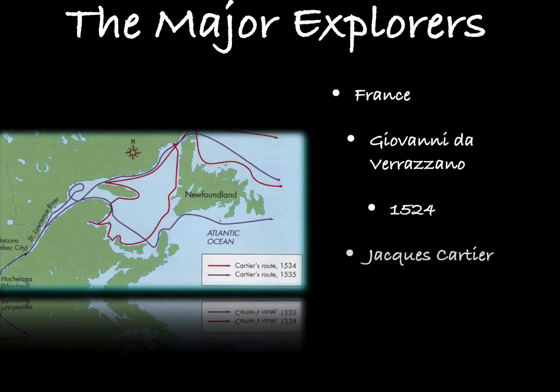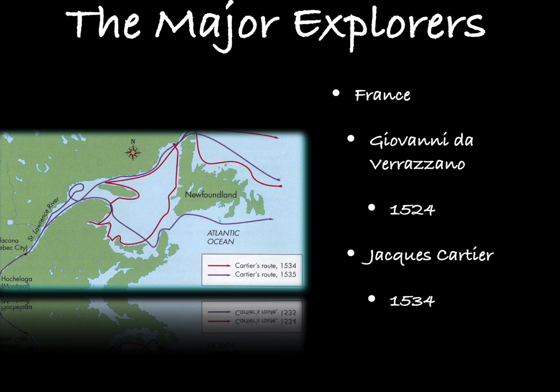And then the next French guy, this is like 100% French. Oui, oui. When your name is Jacques Cartier, it doesn't get a whole lot more French than that, does it? Okay? So Jacques Cartier, he is a Frenchman. He goes out between 1534 and 1535 and makes 2 voyages into what we would consider to be modern-day Canada.